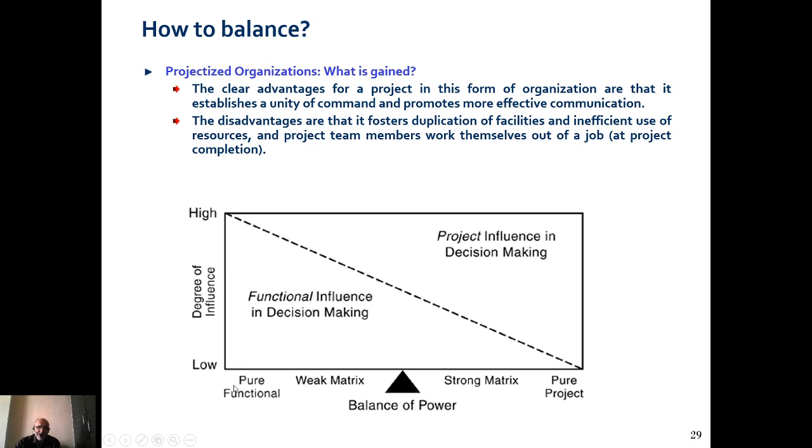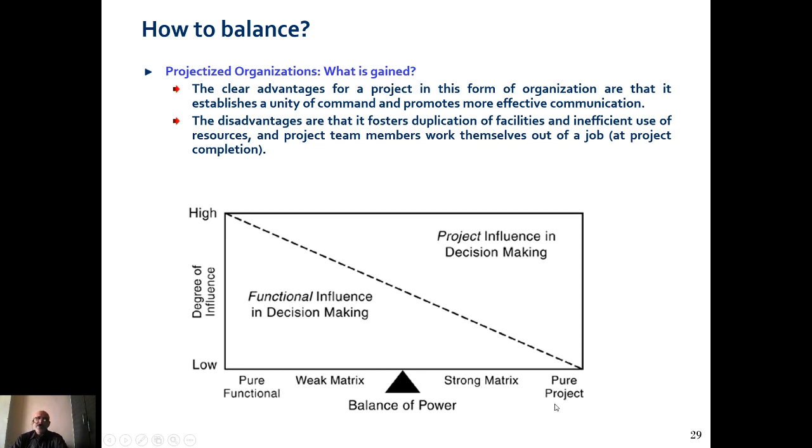You can see that the degree of influence is high. Balance of power, project influence in decision making, this quadrant will be realizable. Strong matrix, so it's pure project, right?